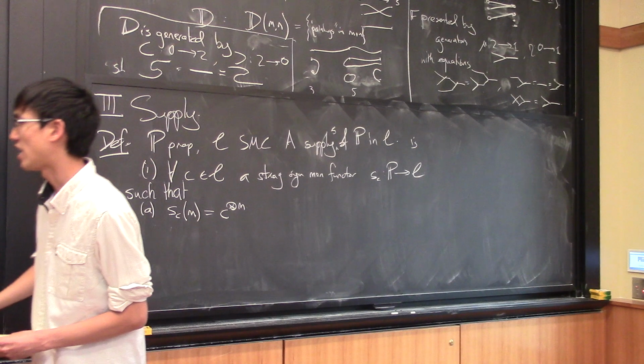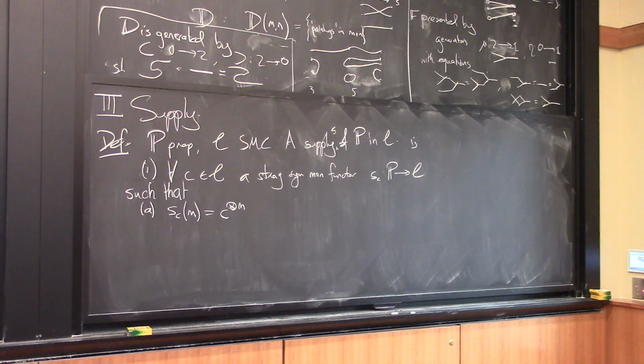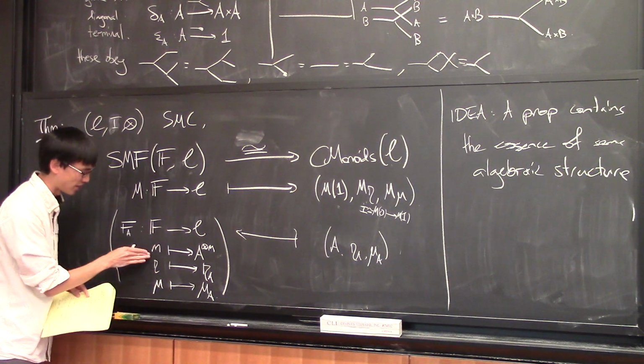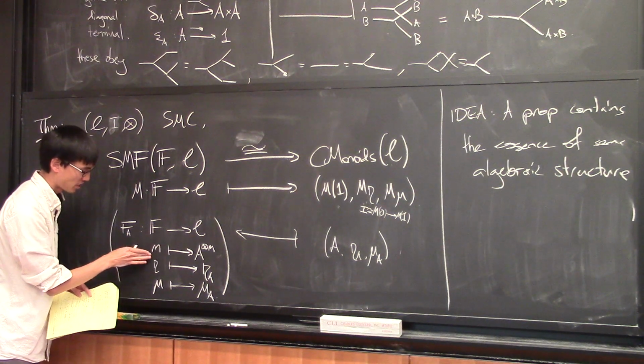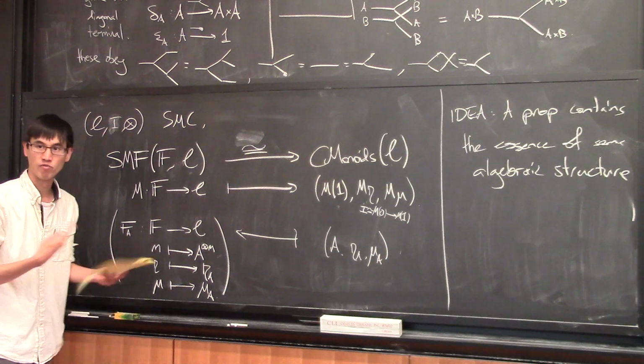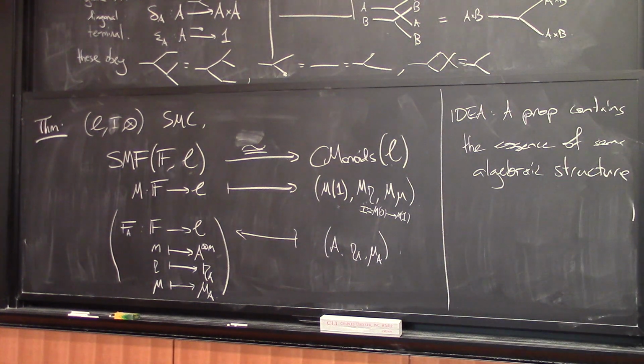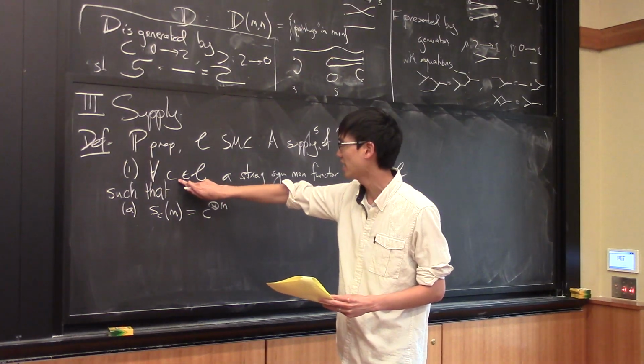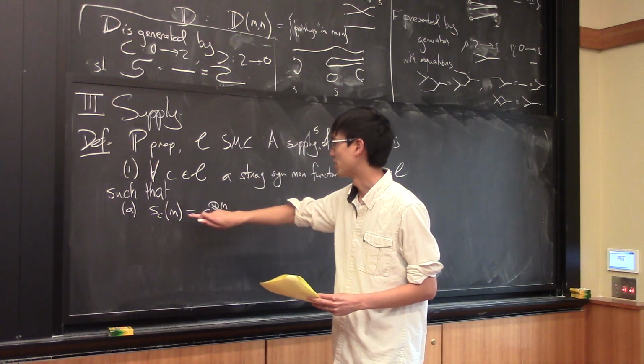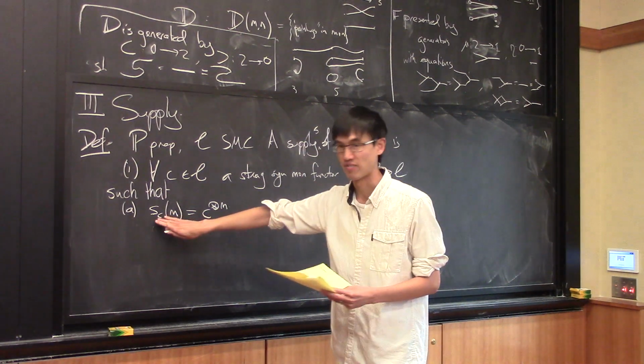This looks a lot like this picture over here, where the object that a functor from a prop equips with algebraic structure is the object that's hit by 1, and more generally, the natural numbers get sent to the nth power of that object. So this axiom says that the particular object C is equipped with the structure of a P via this functor S sub C.